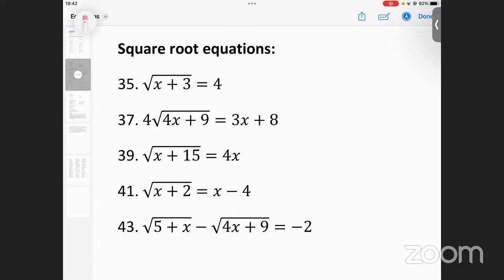And then now, let's jump on to number 39. Sir? Yes, go for it. I would use the same way as the previous learner said, but can you please show how we can solve 37?